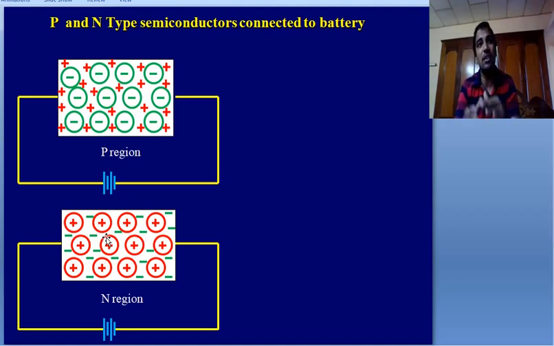If you join these two side by side, it is a P-N junction diode. Some applications can be made, and you can control the electricity by changing the voltage. In the next class we discuss how to make a P-N junction diode and how it works.